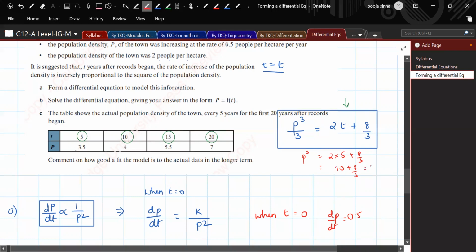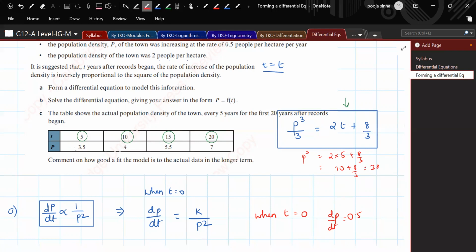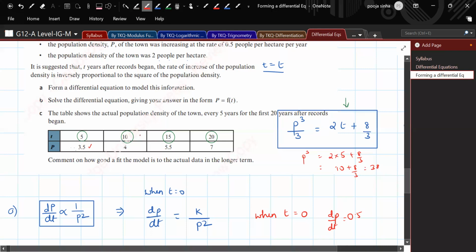How do you do cube root on a calculator? Yeah, I got it. It's 3.4. So 3.4, yes, this is roughly fine. Check for 10.